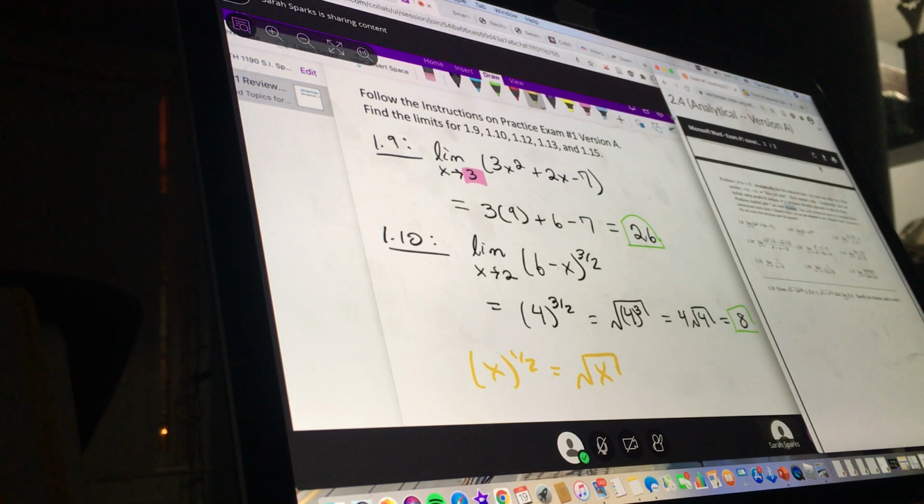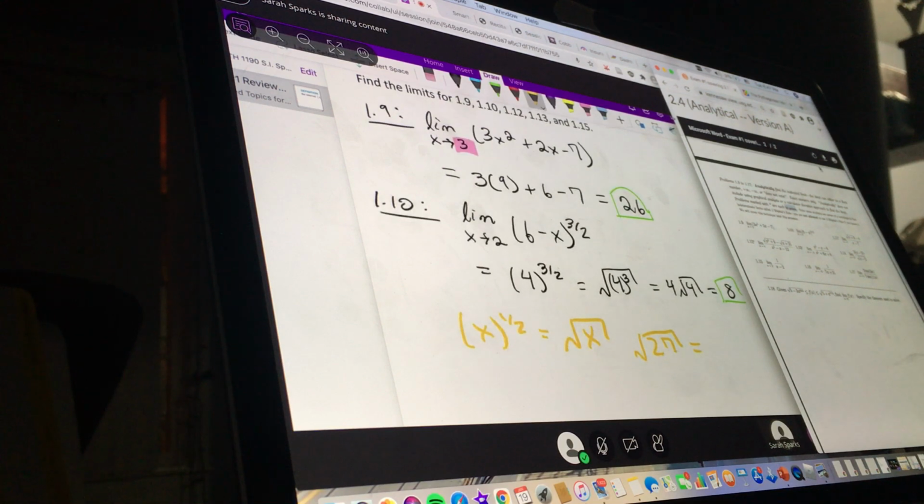There probably will be a time in the class where you will get something to the 3/2 or the 5/2 that's not going to be an even number. For example, let me think of one. Let's think of the square root of 27, right? This is equal to 3 square root 3.